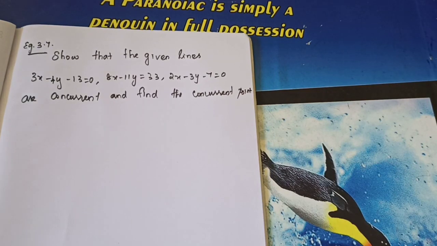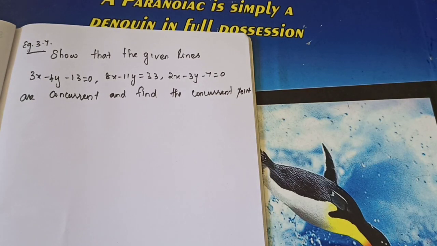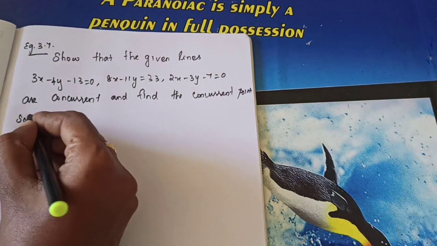Okay, show that the given 3 lines are concurrent and we need to find the concurrent point. Okay, solution.